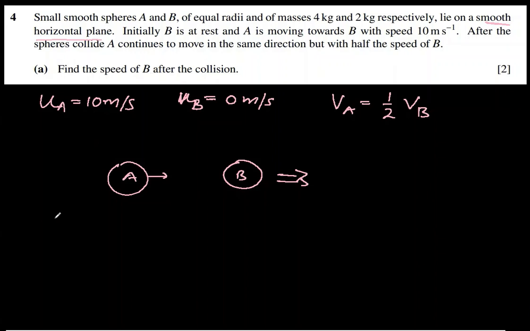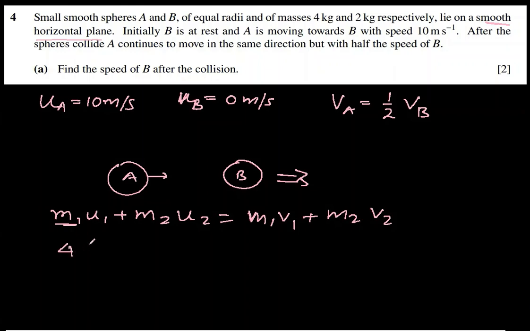All right, so we know by the conservation of momentum, m1 u1 plus m2 u2 equal to m1 v1 plus m2 v2. m1 will be for A, it is 4 kg. u1, its initial velocity, is 10. m2 is 2 kg and it is stationary, but after collision, m1 is 4, still the mass is the same, but the velocity is half of v2.